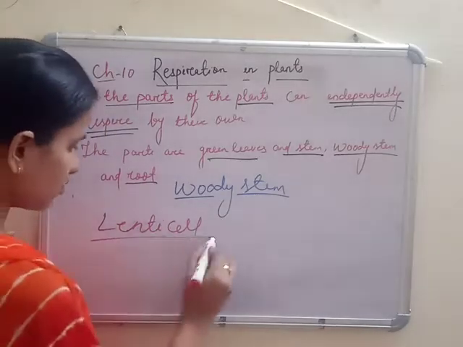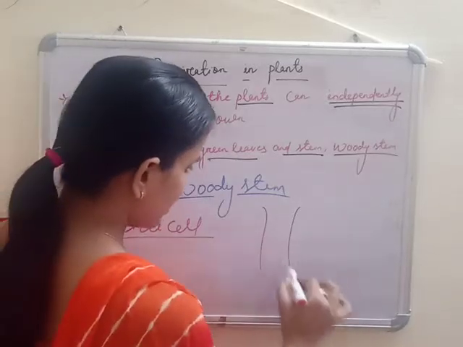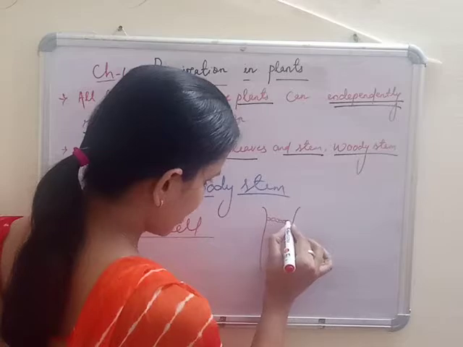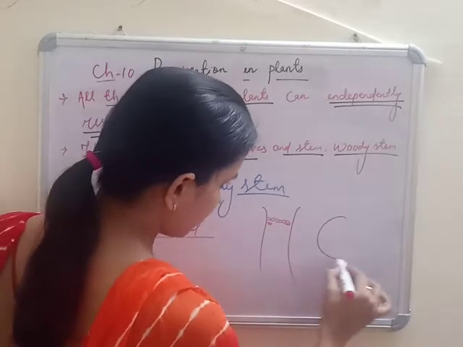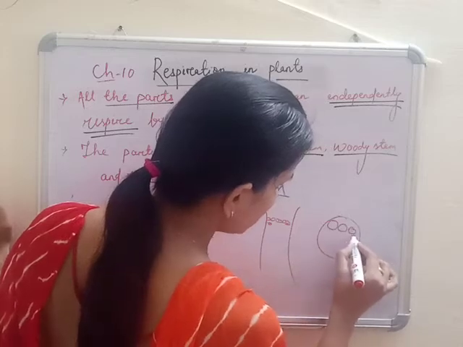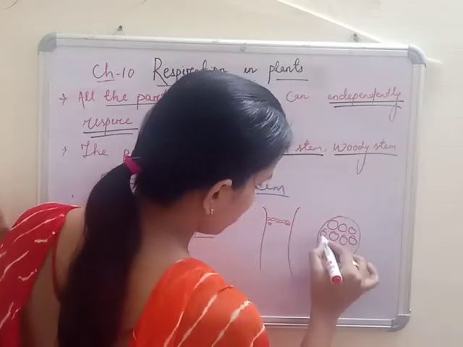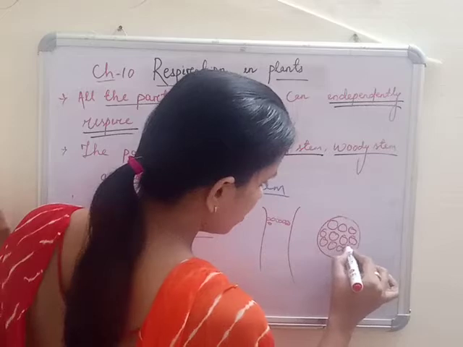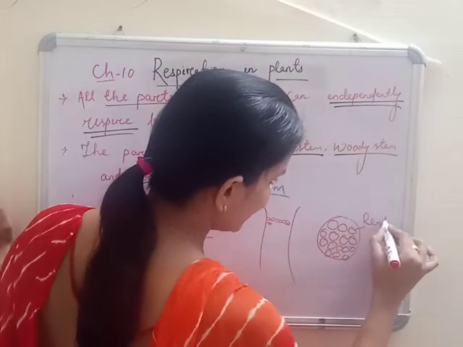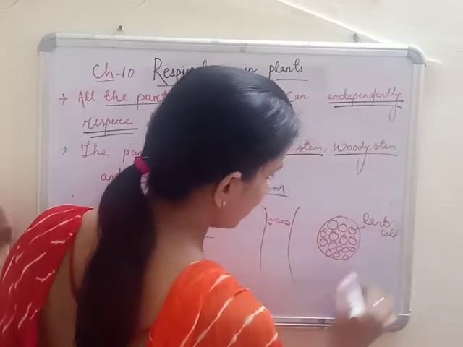If it is a woody stem, it contains this kind of structure, a cell. If I draw a bigger one, there are circular cells in the brown part of the wood or stem. This is called a lenticel.